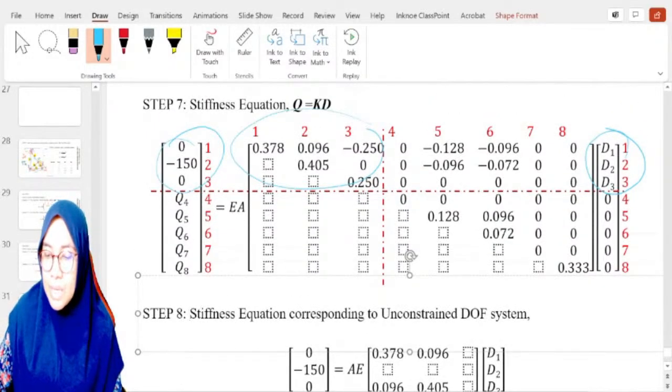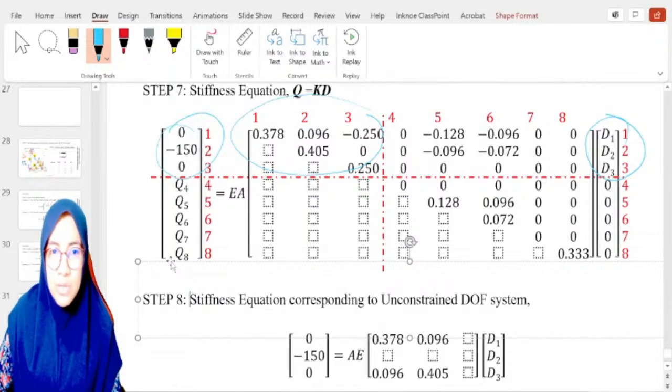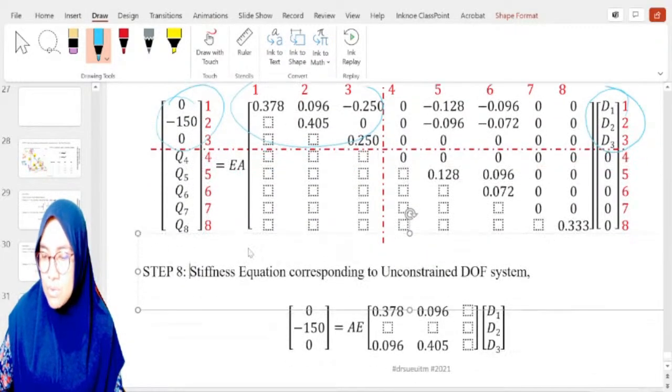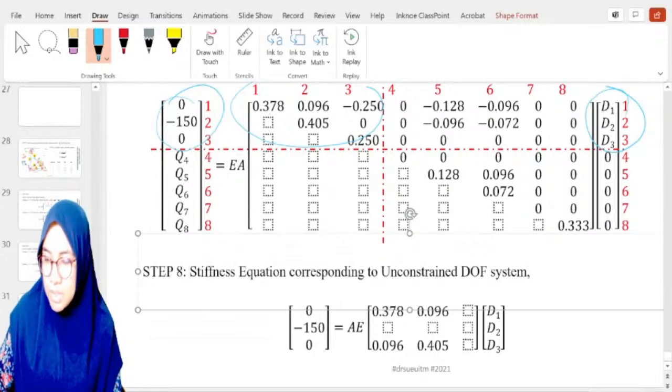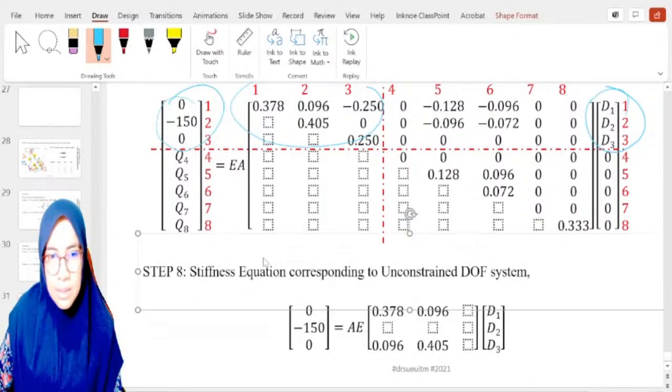Here we consider only the unconstrained degree of freedom system, because in the constrained system all displacements are 0. So we just need to consider 1 to 3 like this. We will determine the value for 1 1 from K1, K2, K3, K4 and K5.